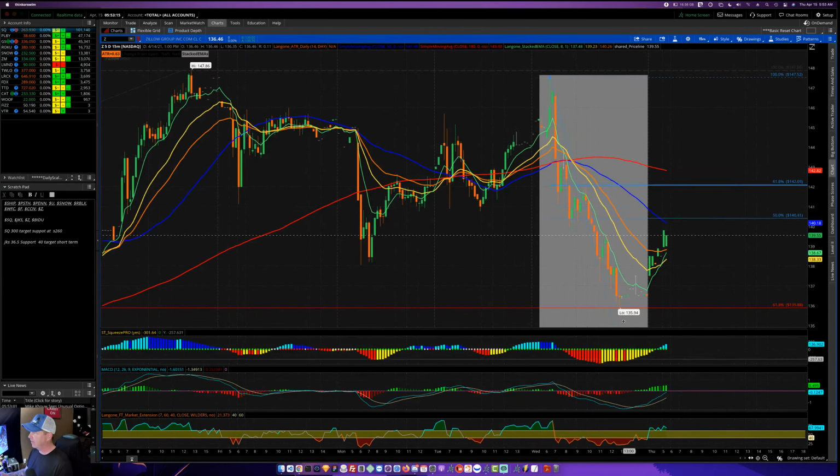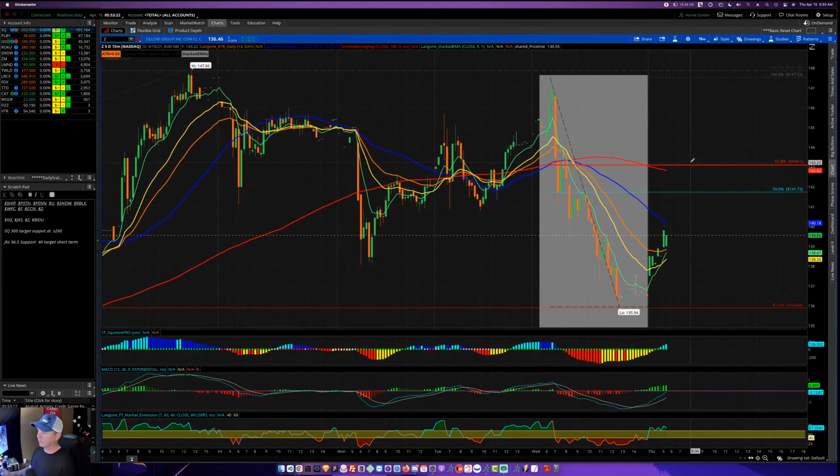If I were to day trade this, I would look for a day trade target of 141 followed by 143. Z with support at 136, sorry guys, 136. Target 140, 143. Take profit at 141.